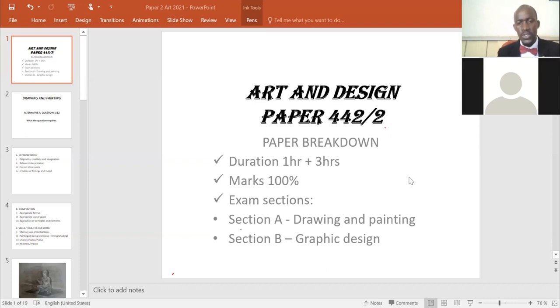The other reason is that it is marked out of 100%, and it gauges the student's ability to practice what they've done in class in terms of drawing, painting, and graphic design.